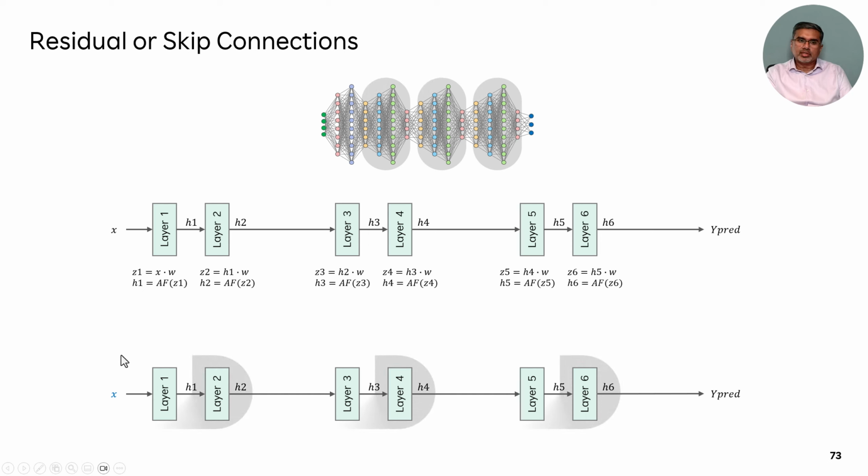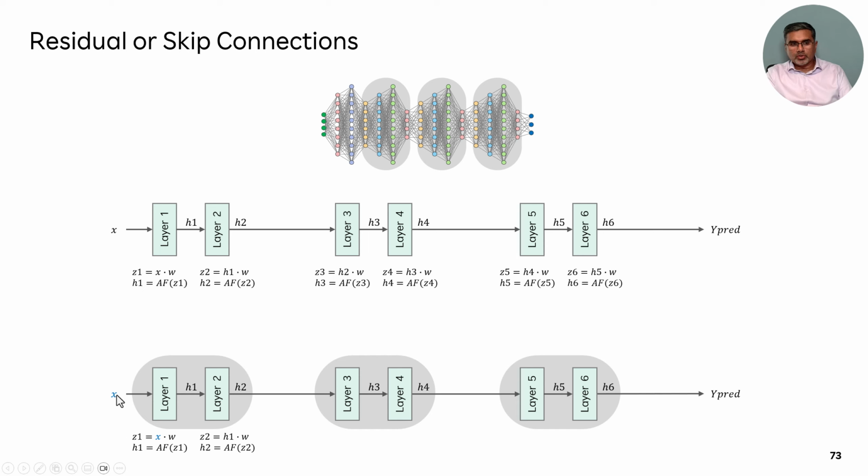Let's say this is one block, there's another block. So you take multiple layers and you create blocks out of that. You take your X and pass it through, just like you pass here, right? You take X multiplied with the weight of layer 1 here, calculate the logit, pass that logit through the activation function here, calculate the activation value, take that to this layer, multiply with its weight there, and take H2.